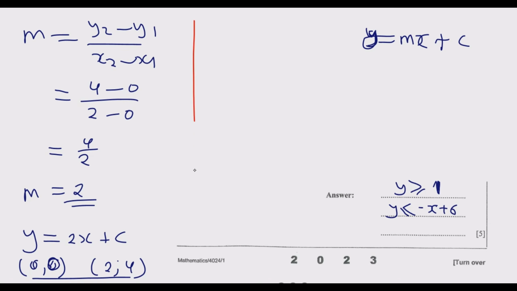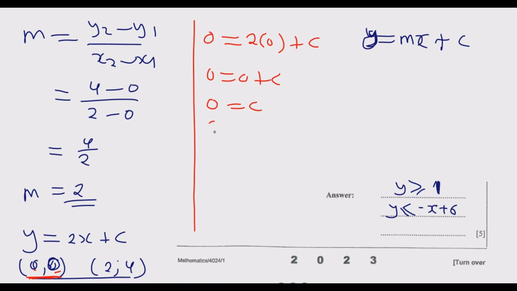So it will be 0 equals 2 times 0, because the value of x here is 0 and the value of y is 0, then plus c. So 0 is equal to 0 plus c. So this tells me that c is equal to 0. Then this equation, because c is 0, drops to y is equal to 2x.